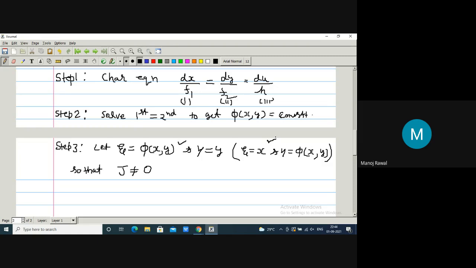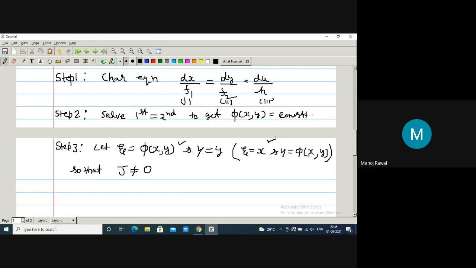Is that fine, students, still here? So what is my aim? My aim is to convert my differential equation in terms of xi and eta, but they must be independent, and that I will check with the help of the Jacobian. And in order to have independence, the Jacobian must be non-zero.